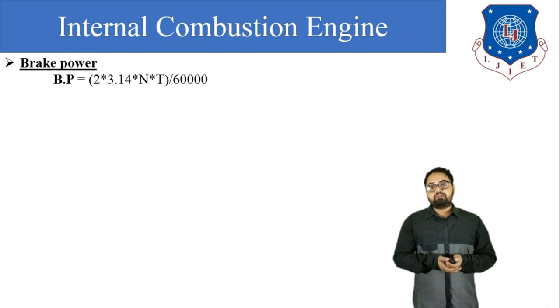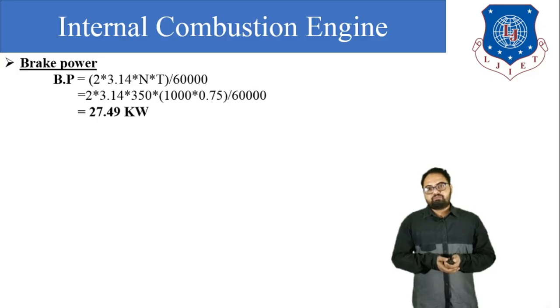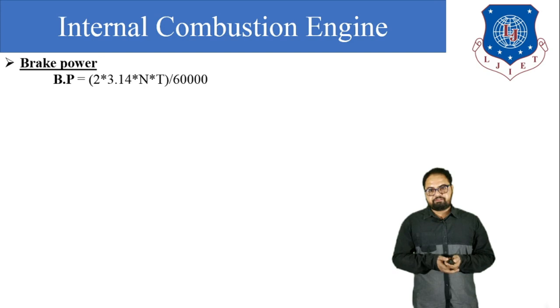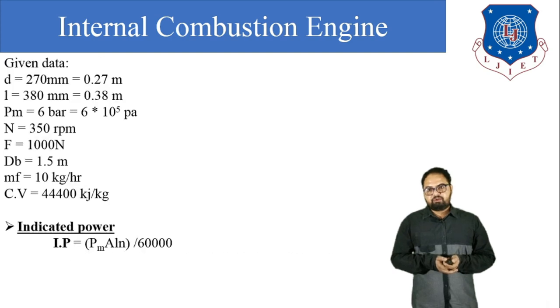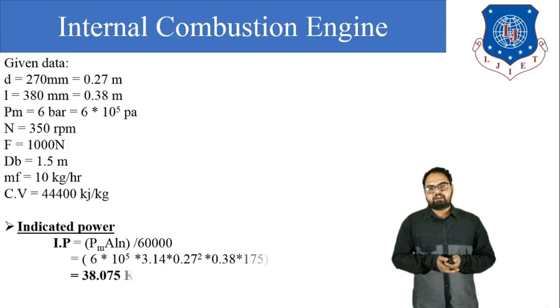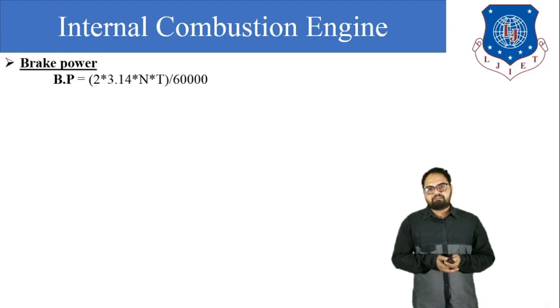Now we need to find the brake power. The equation of brake power is 2 pi N T divided by 60,000. How do we find T? We already have the value of net brake load and the drum diameter, so we divide it by 2 to get the drum radius, and multiplying this gives the value of torque.